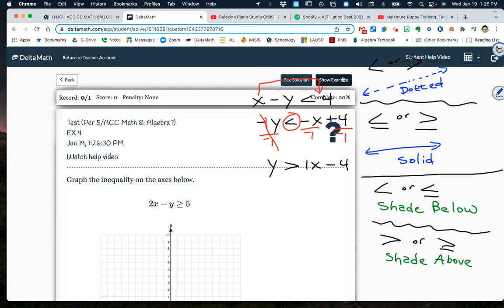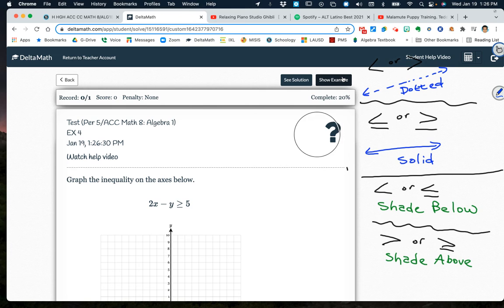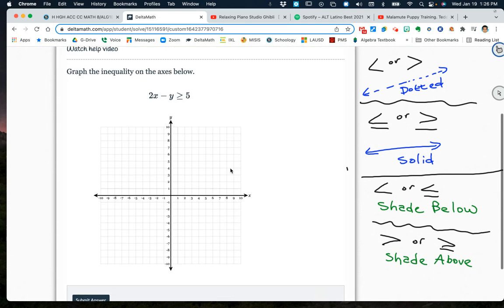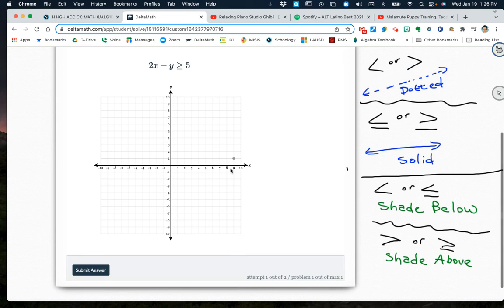Okay, just have a couple more. So, number 4. 2x minus y is greater than or equal to 5. Let's try it. We have 2x, take away y, greater than or equal to 5.